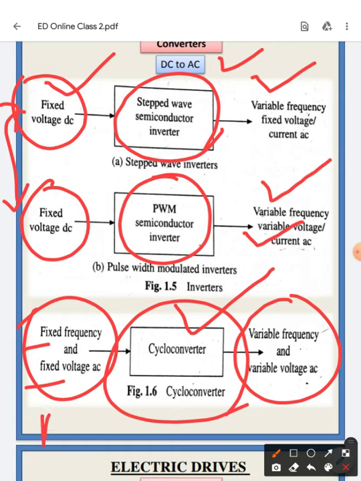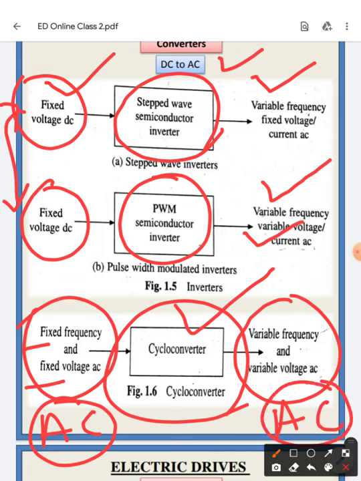Suppose the input is a fixed AC and we need only variable AC voltage at the output end without changing the frequency. Let us consider our supply frequency is 50 Hz. The input frequency is 50 Hz, and we need to generate the output voltage at a constant frequency of 50 Hz with different levels of AC voltage.